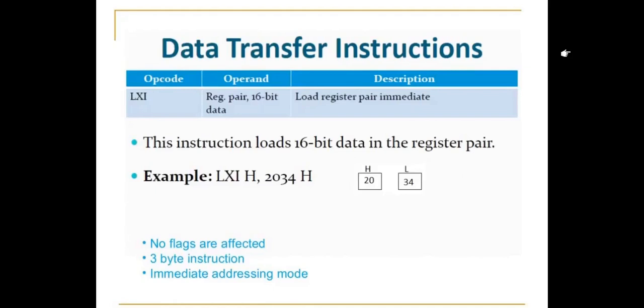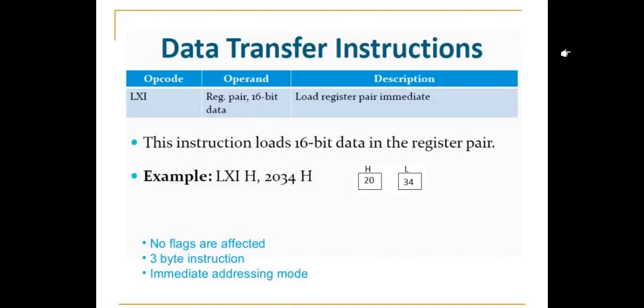For example, LXI H, 2034. Over here, H is mentioned, right? The first operand H indirectly mentions the HL register pair. And here I've given a 16-bit data, which is 2034.